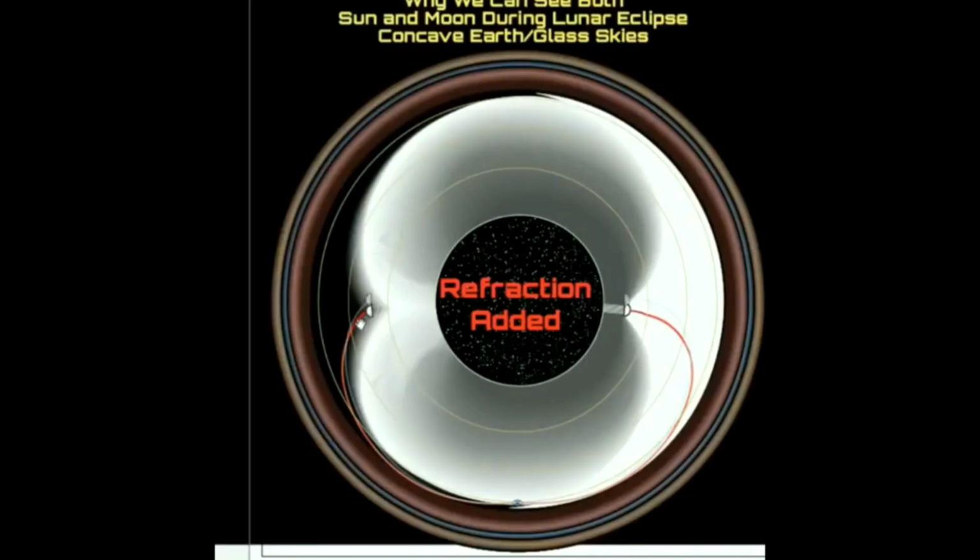But since we get the refraction from the concentric glass skies, it's going to lift it like that, and there's going to be an imbalance in symmetry horizontally from the bottom versus the top. So that's the same reason why from below the equator, say at 15, 20 degrees south latitude, with time-lapse photography you can see the star trails, you can actually see Polaris spinning like that because of the glass skies. That's the main reason.